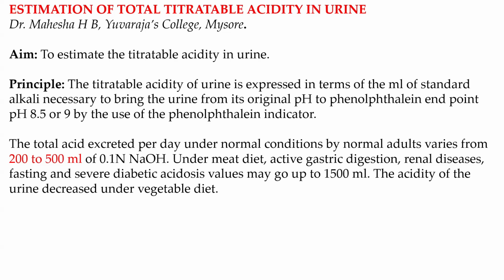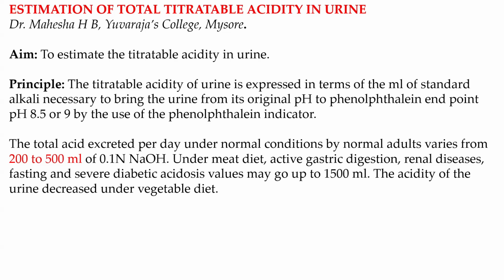And then the total acid excreted per day under normal conditions by a normal adult varies. So you see, every day we excrete acid due to metabolism of some macromolecules like phospholipids, nucleic acids, and proteins.